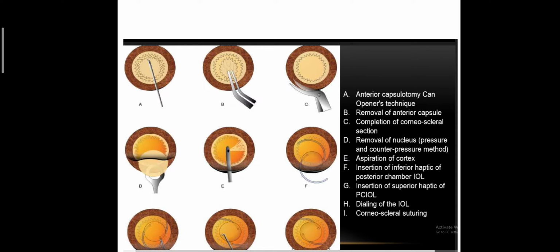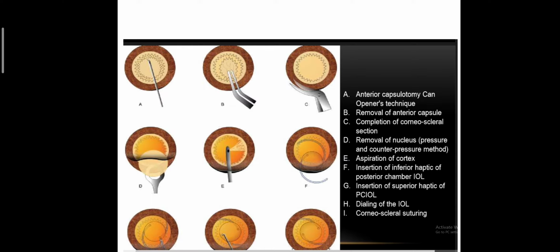Whereas in case of ICCE, we are not preserving the posterior capsule or zonules, so directly after the conjunctival flap and incision we are pulling out the entire lens with the bag. Hence we are doing very crude techniques, putting wire vectis below the posterior capsule, using a cryo probe or Argas needle to weaken the zonules and extract the lens.